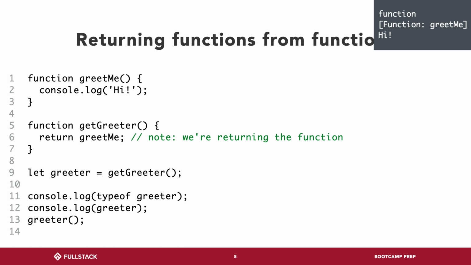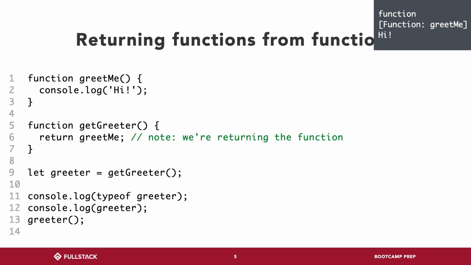So basically, we have two functions. The first one, the top one, is just console logging hi, if that were ever to be run. And if this one were ever to be run, it's just going to return the function, the whole function, not invoking it, just the actual function. So if you set greeter equal to get greeter invoked, this function runs and returns this function.